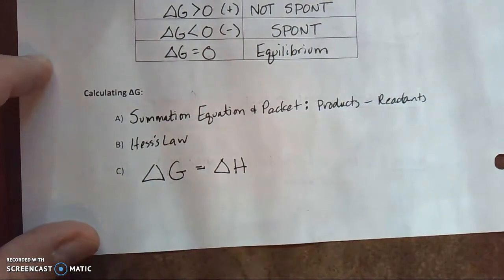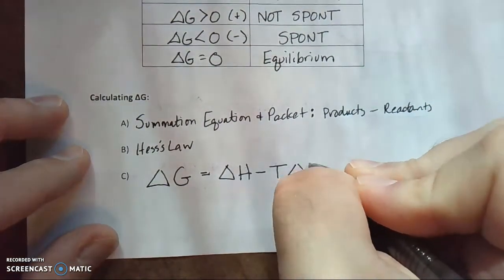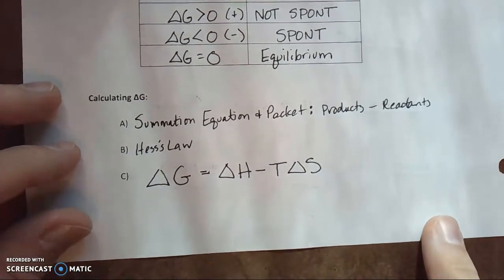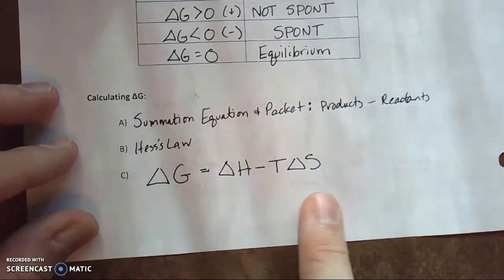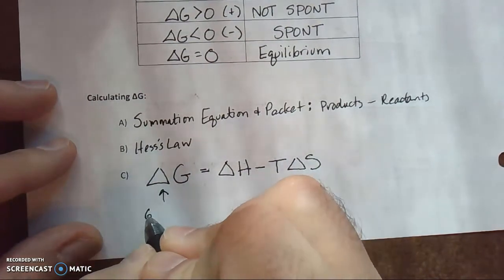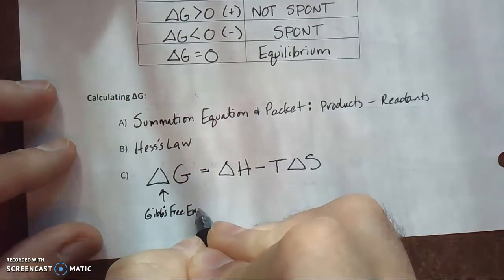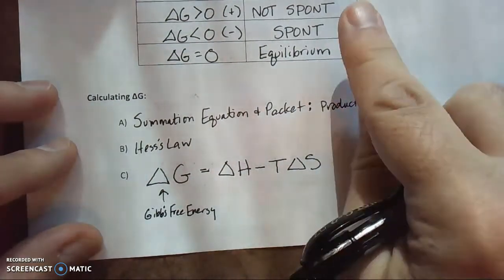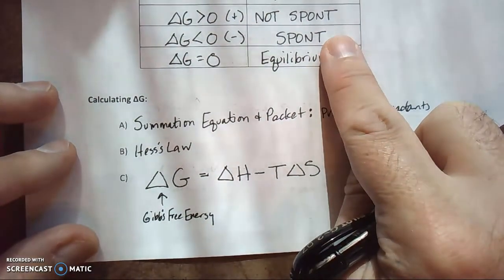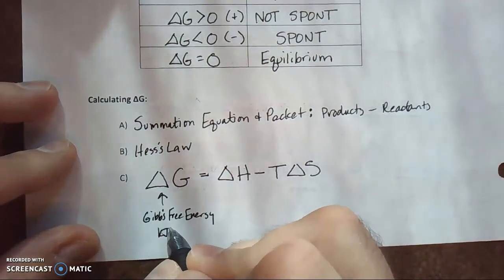Delta G is equal to delta H minus T delta S. So we have to know what each one of these stands for. Delta G is our Gibbs free energy. So this is calculated, and then we can look at this chart to see whether or not our reaction is spontaneous. This is in kilojoules per mole.